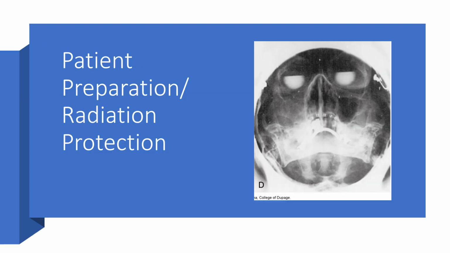And then patient preparation, radiation protection. You should be able to shield all patients. The gonads, the reproductive organs, are nowhere near the head. And then make sure you're taking out the patient's dentures and taking their bifocals off for the projections, because what we're actually seeing here is the bifocal lenses of the patient's glasses showing up on the radiograph.